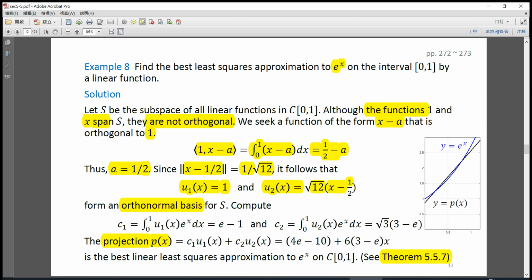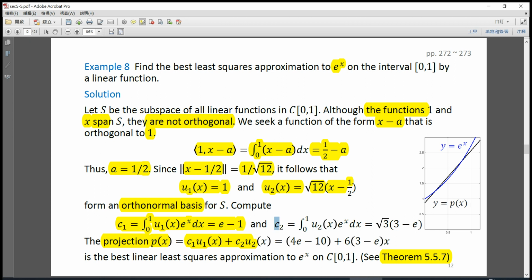The projection p of x has the form c1 u1 plus c2 u2, where u1 and u2 are the elements in the orthonormal basis, and c1 is the coefficient, which is the inner product of u1 and the natural exponential function, which equals the integration of u1 times the natural exponential function from 0 to 1, which equals e minus 1.